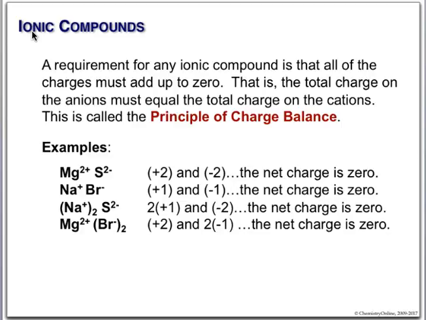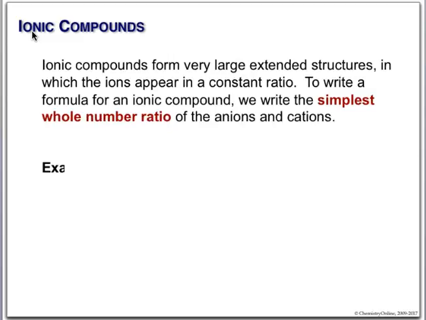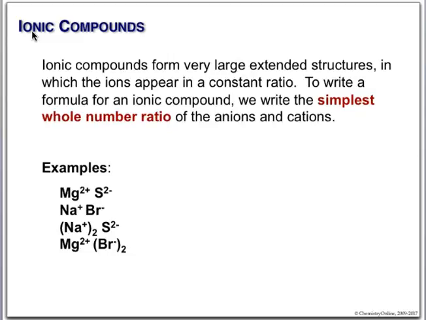Next, when we're building, or showing at least, an ionic compound, the formula that we write must have the simplest whole number ratio of the atoms. So here we have magnesium +2, sulfur -2. It's neutral.